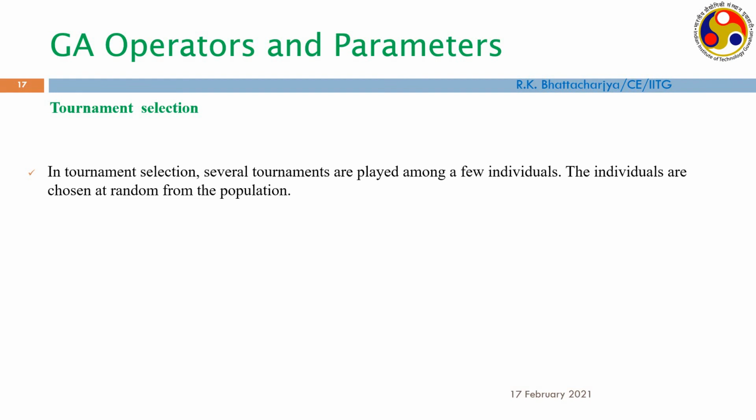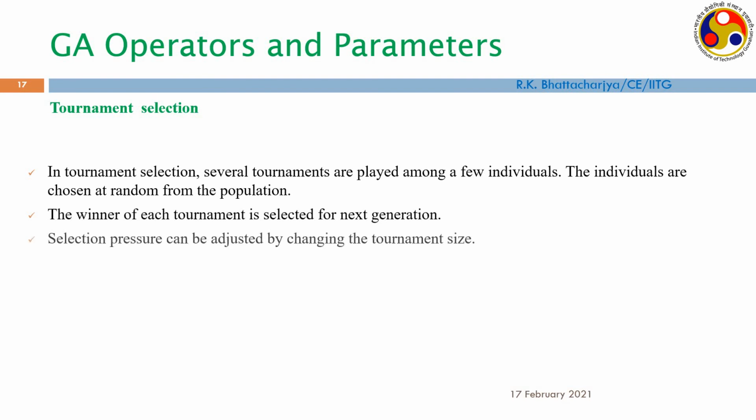The winner of each tournament is selected for the next generation. Selection pressure can be adjusted by setting the tournament size. I will also discuss selection pressure. Suppose a minimum of 2 persons is required to play the tournament.